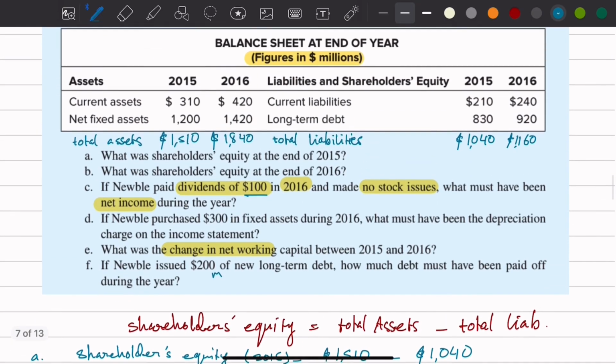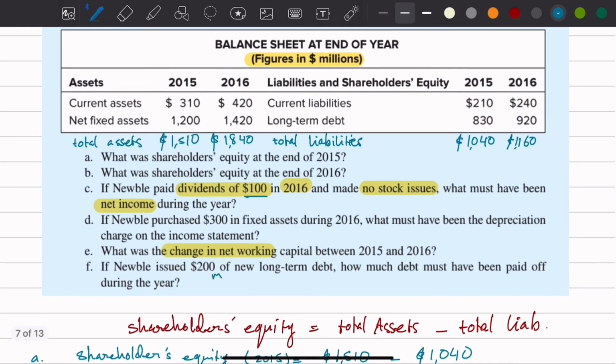So let's see. Here we have long-term debt that has increased from 830 million to 920 million. Here they are telling us that Newell has issued 200 million of new long-term debt.